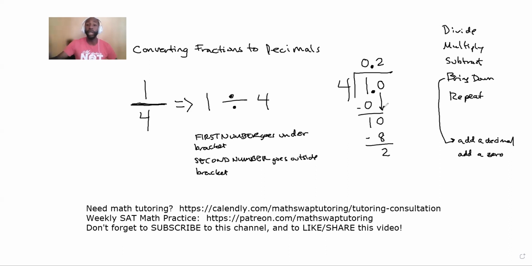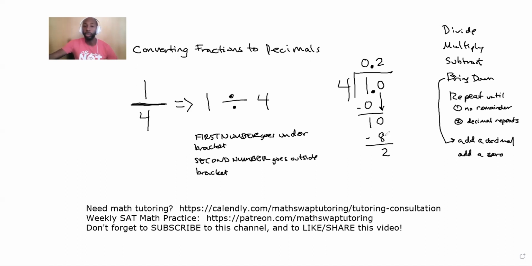Now, remember, you repeat either until, number 1, there's no remainder, or 2, you see that the decimal repeats. Okay. And we'll do an example that kind of shows that.